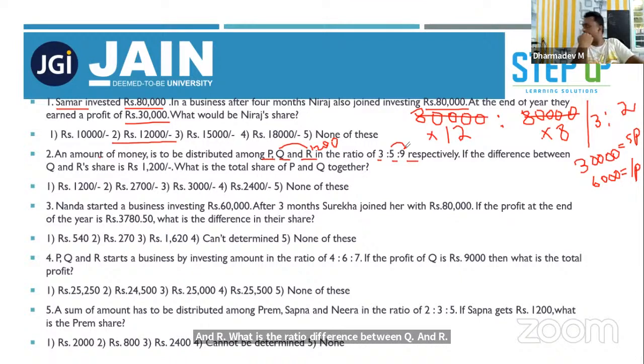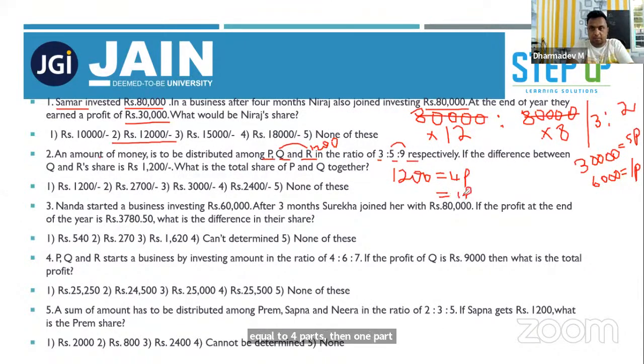What is the ratio difference between Q and R? Ratio difference. Amount difference is 1,200. Ratio difference is 4. So 1,200 is equal to 4 parts. Then one part is 300.